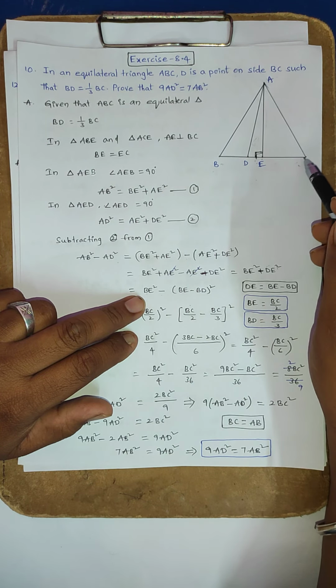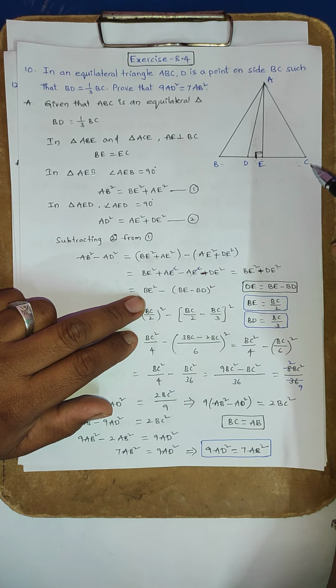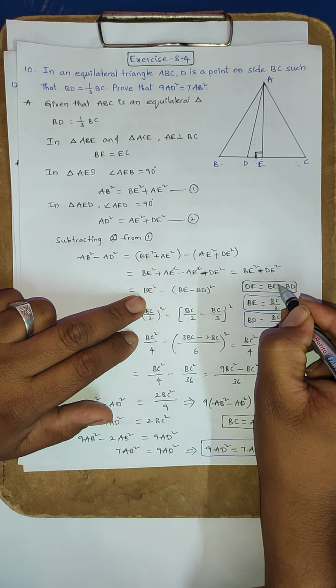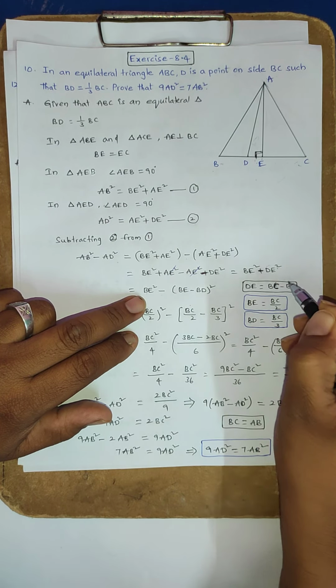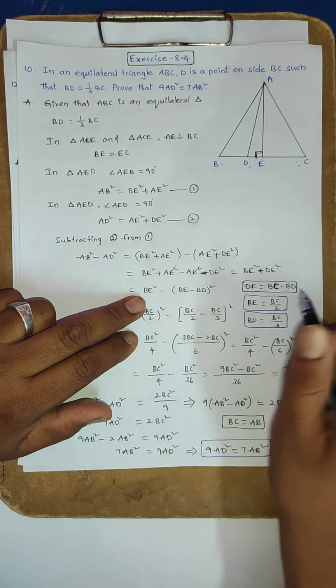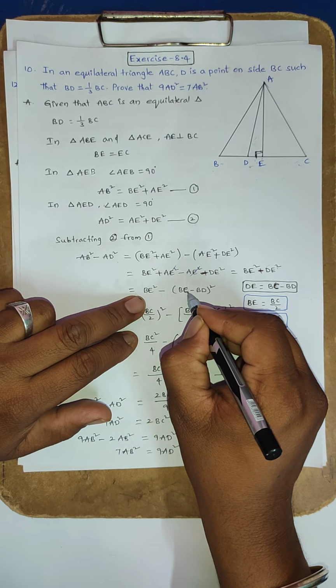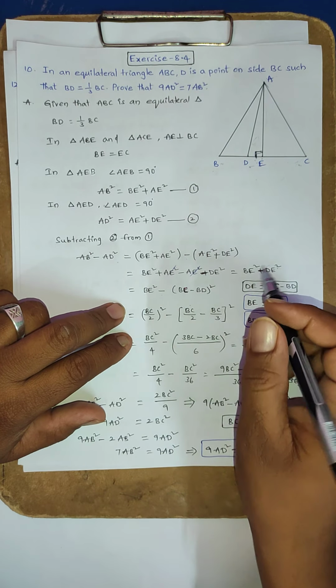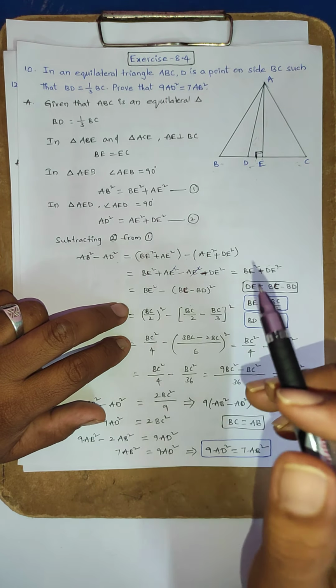The length of DE is equal to whole BC minus BD.